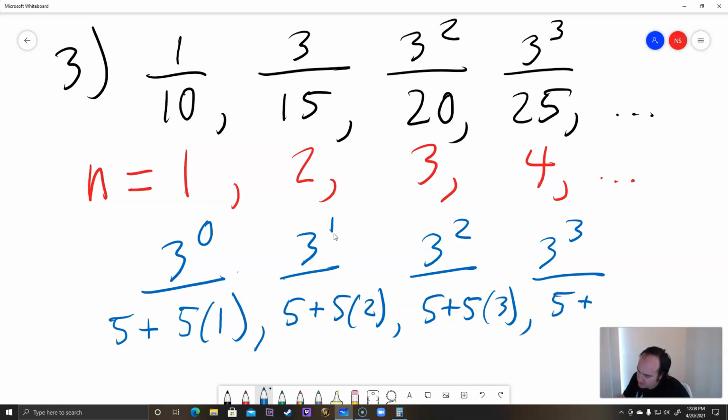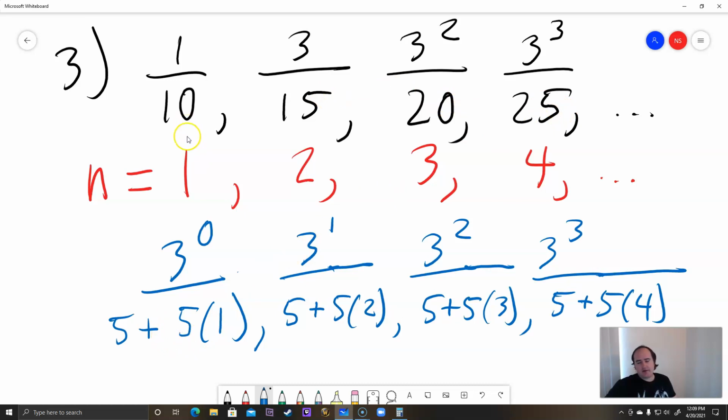And then 5 plus 5 times 4 is 25. So that looks like our pattern there. And you might be wondering, how did I know to write it as 5 plus 5 times n? Well, I noticed that it started at 10, but it's increasing by 5 each time.